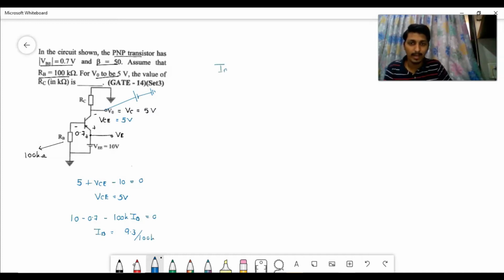So it will come out to be IB equals 9.3 divided by 100, sorry, 0.093 milliamps. And beta is given, so beta IB, so into 50, 4.65 milliampere.